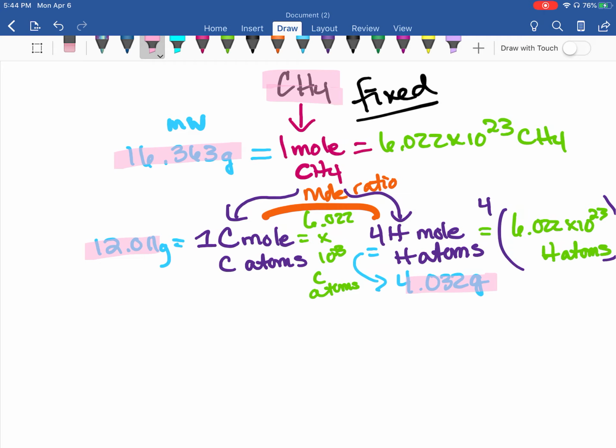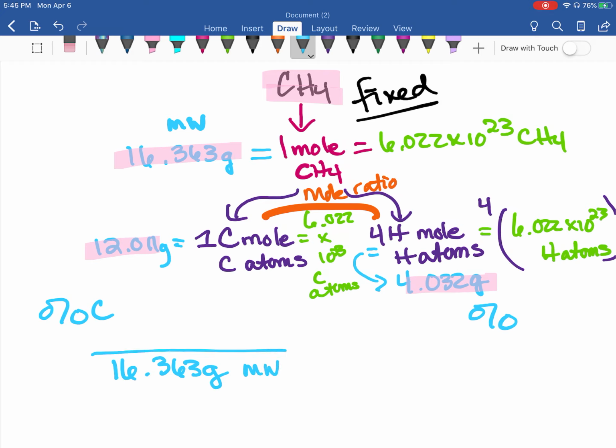It will always be that same. So let's convert both of these into a percent. Our percent carbon in that total then is going to be our 16. That's our total molecular weight. Well, how much of that is carbon? Just that one weight of carbon.